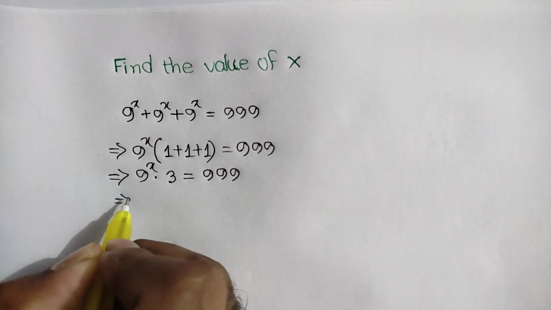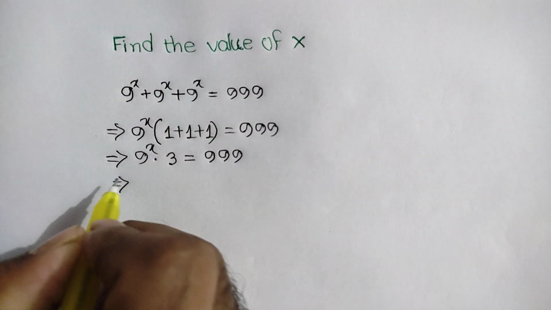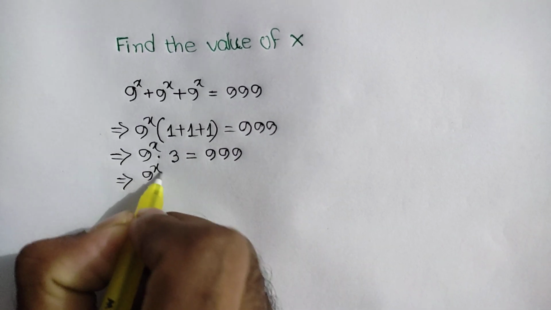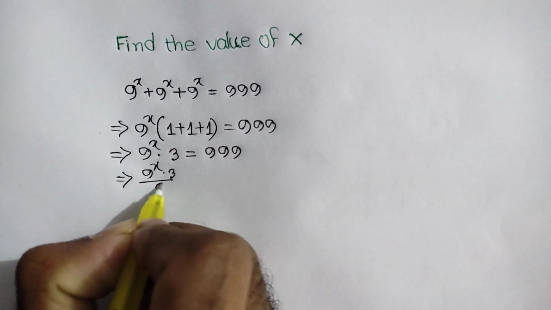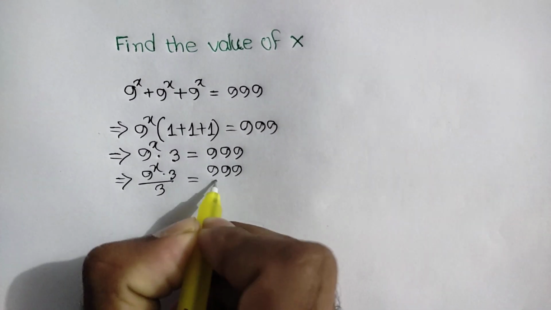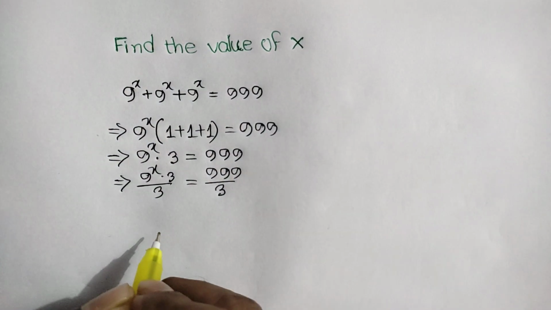Now both sides we can divide by 3, so we can write 9 to the power x times 3 over 3 is equal to 999 over 3.